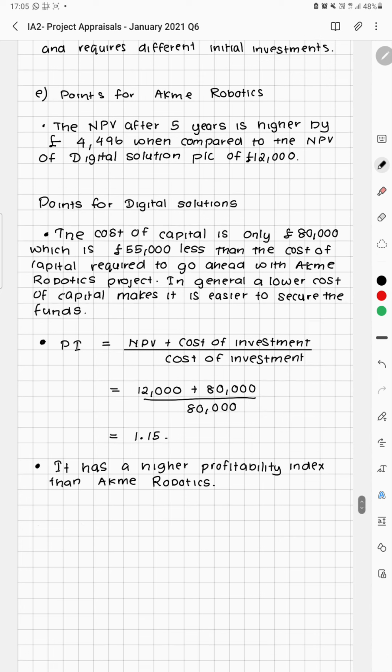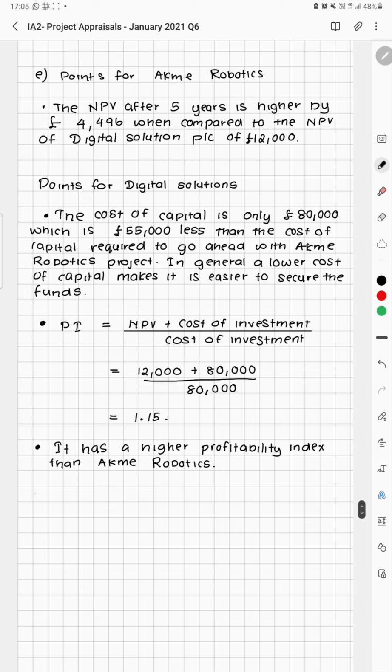What is our conclusion? As per the conclusion, if you were to conclude this, they should choose what? Digital Solutions? No. With this, it doesn't only matter, the NPV is what counts. You always go with the project with the higher NPV.